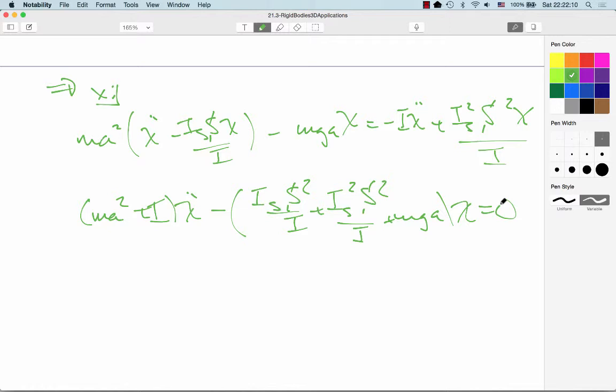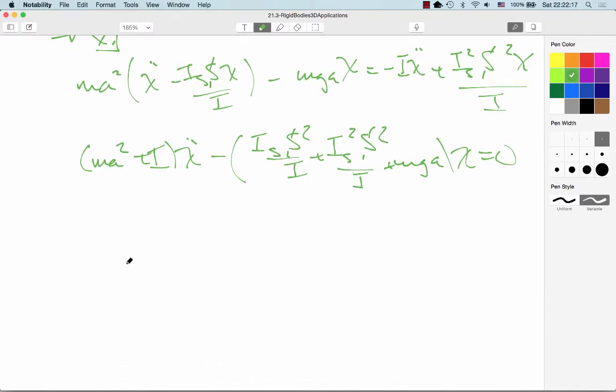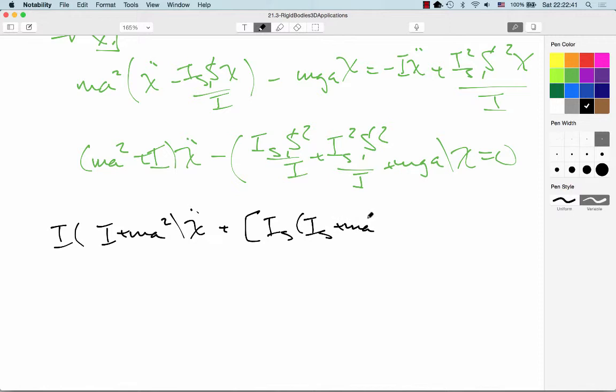If we multiply through by I, just to make it look a little better, we get I times I_s plus ma squared chi double dot plus, rearranging this into standard form, I_s ma squared s squared minus I mga chi equals 0. Once again, we've got a simple harmonic oscillator.